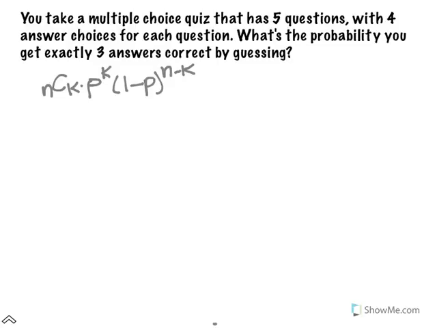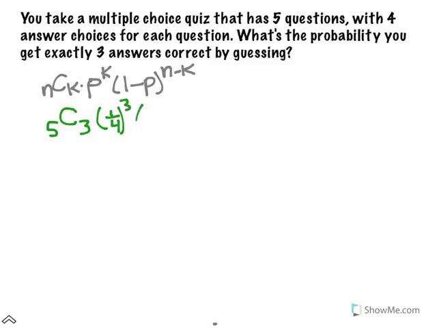So n is 5 questions, and we want to get 3 answers correct. Order doesn't matter, that's why it's a combination. We don't care about the order of those 3 answers, we just want 3. So our number of successes is 3. Remember there are 4 answer choices, so the probability of a success is a 1 out of 4 chance, and we want it correct 3 times.